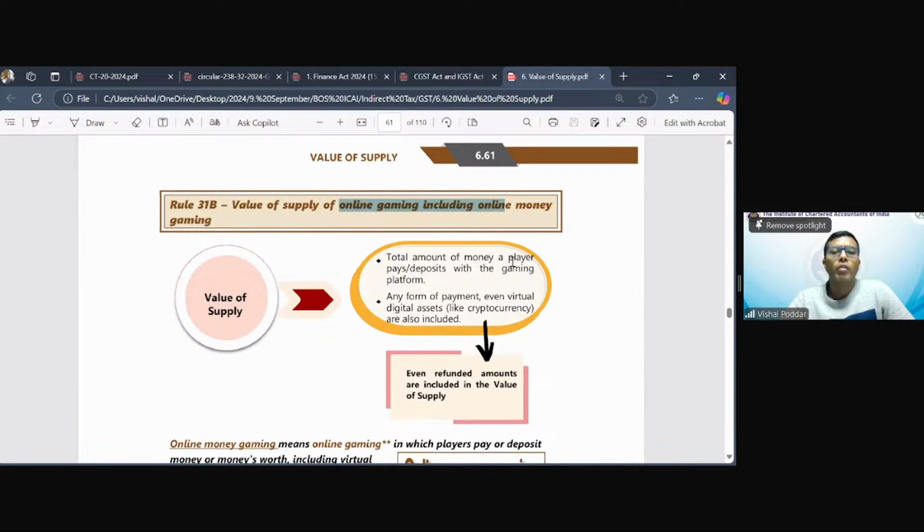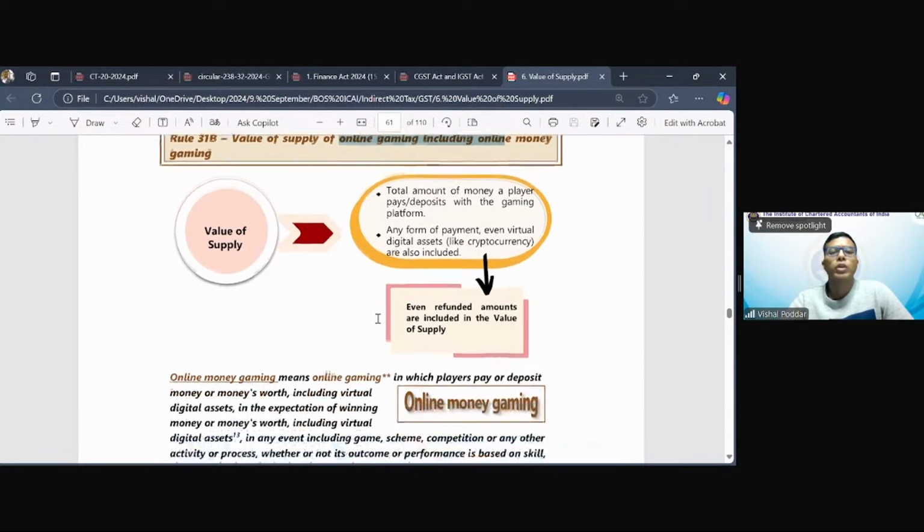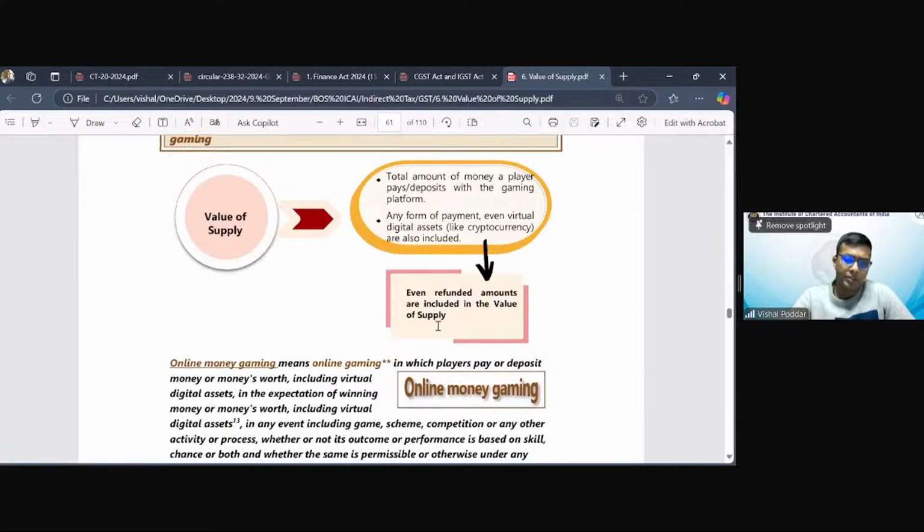Total amount of money a player deposits with the gaming platform, in any form of payment, even virtual digital assets like cryptocurrencies are also included. Now, what is this? When you are playing a game on any online gaming portal, for playing the game, if you are putting some bet, that bet amount is the value.